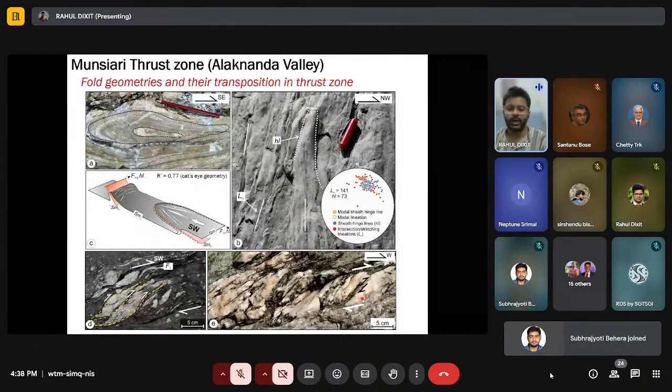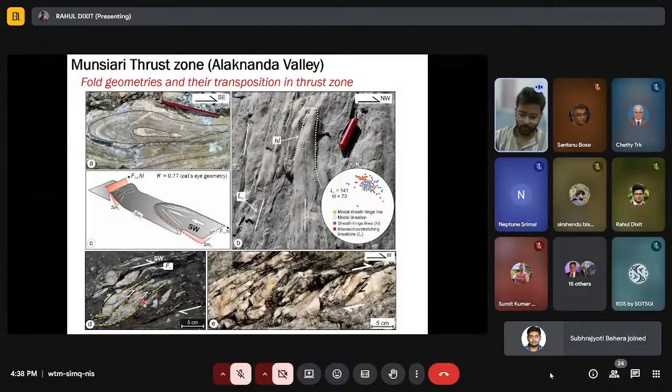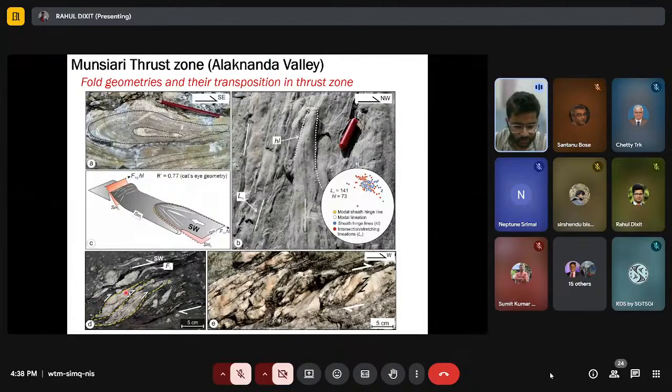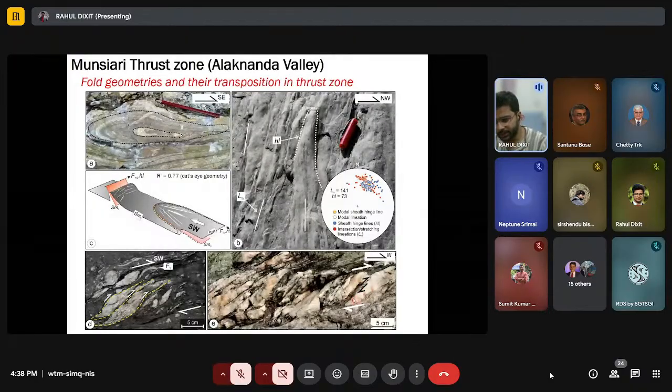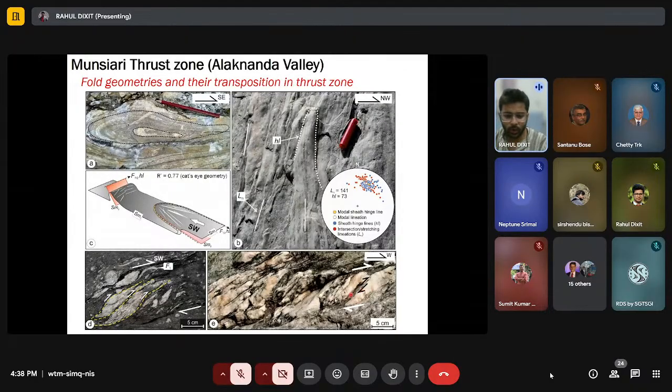Now because of the lateral transposition, due to the top to the southwest ductile shearing that happened in the region, this shearing has transposed these limbs, and now these limbs appear as tectonic horses. Like you can see here, this is a kind of top to the southwest thrusting. Because of this, the limbs override one another, and now they are represented as tectonic horses.